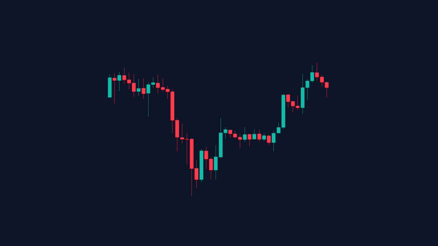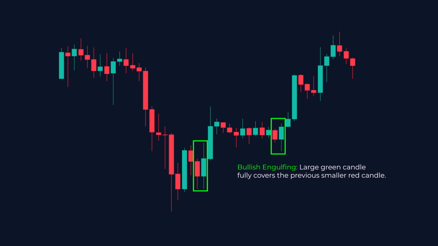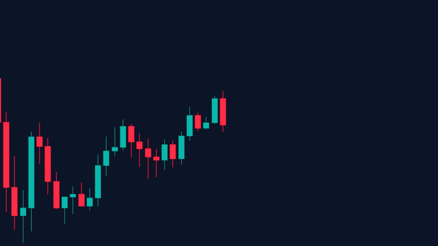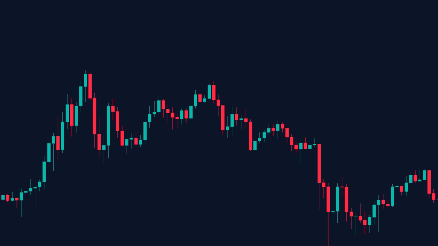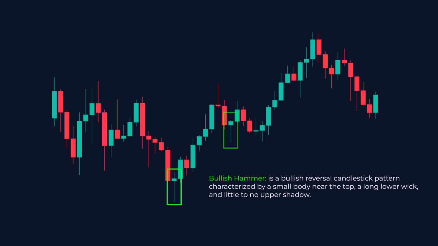For example, an engulfing candle shows strong momentum towards the direction of the engulfing candle. A strong bullish engulfing candle can signal that buyers are taking control, while a bearish engulfing candle may signal growing selling pressure. Hammer and shooting star patterns have long wicks, showing rejection at a price level.